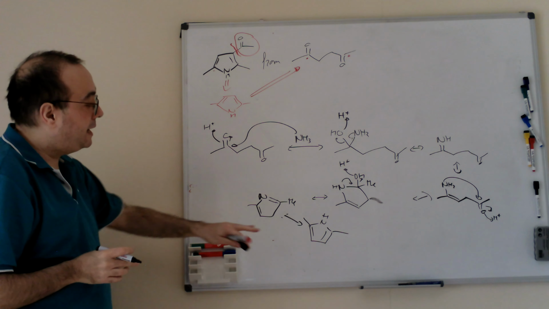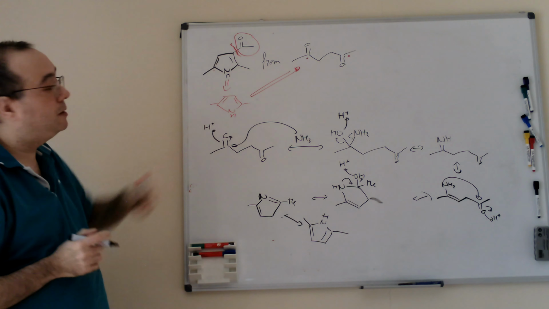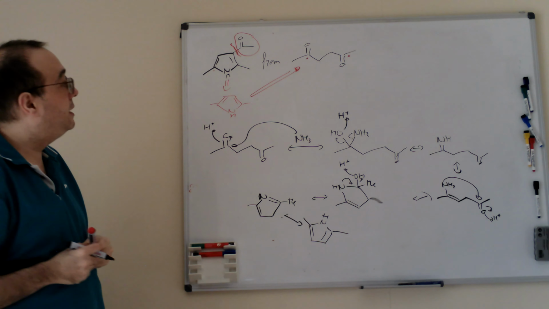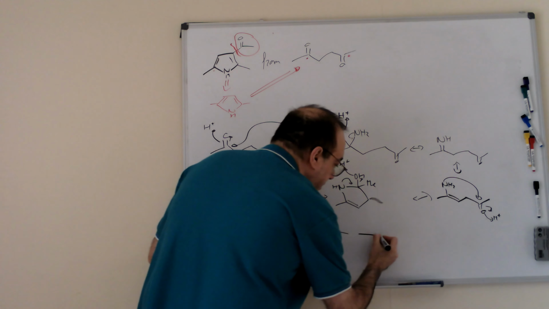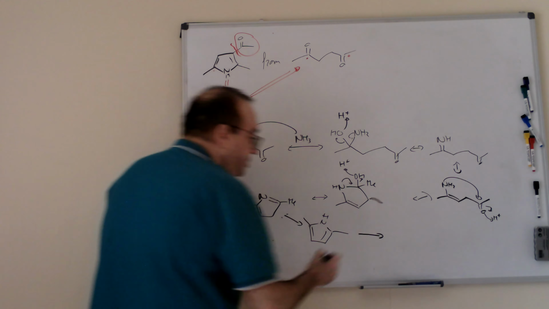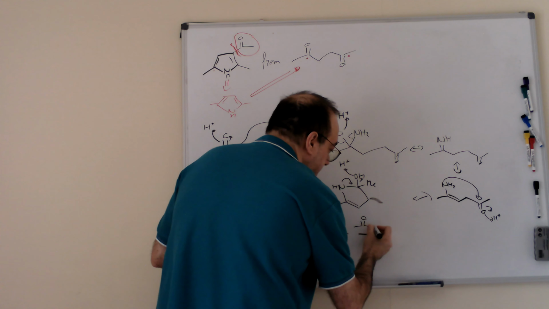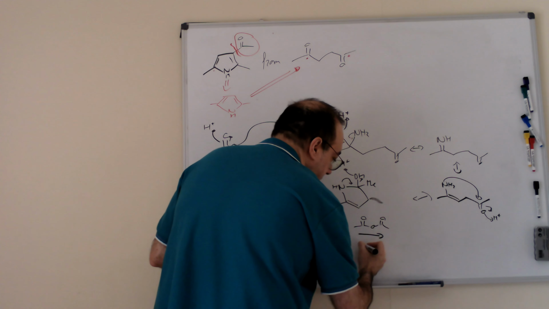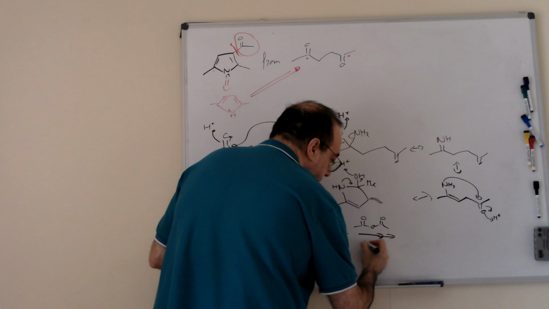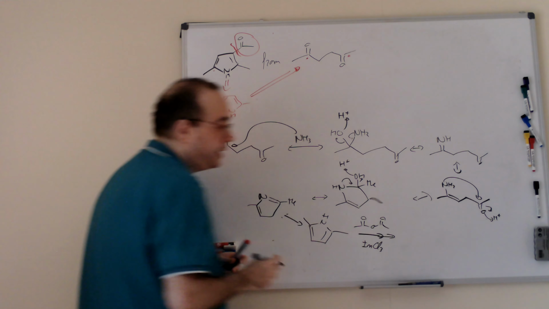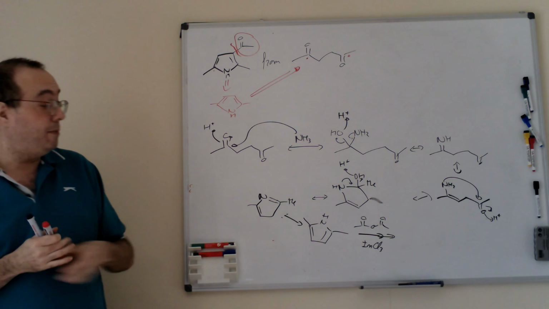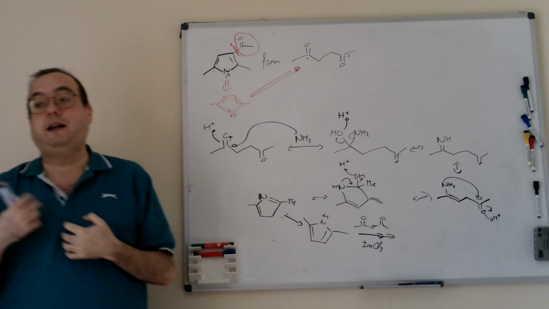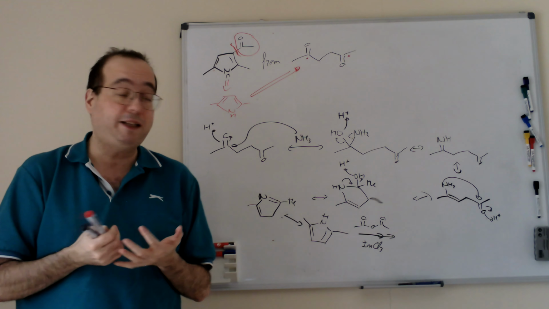Okay? Then, when we have this compound, we need to put the ketone. We can do it with a Friedel-Crafts acylation. We can start with acetic anhydride plus, for example, indium trichloride. Remember that this is an electron-rich ring, that means that the electrophilic aromatic substitution works very fast.